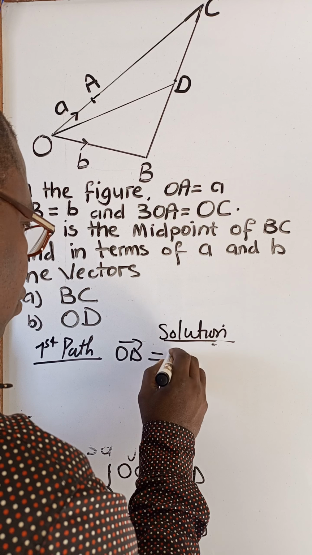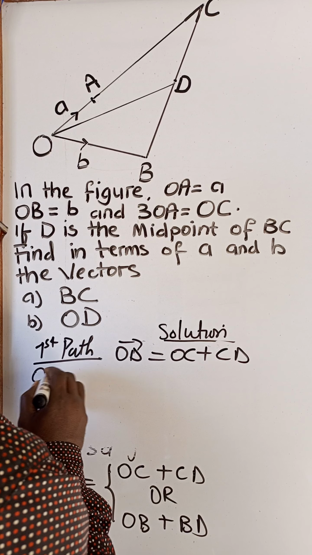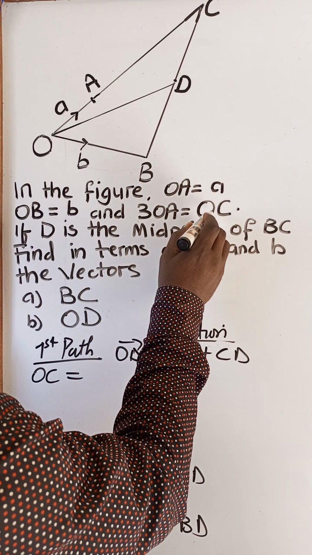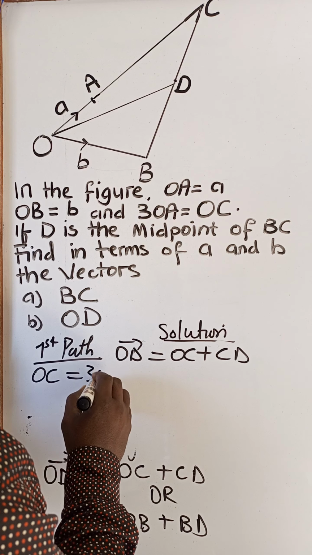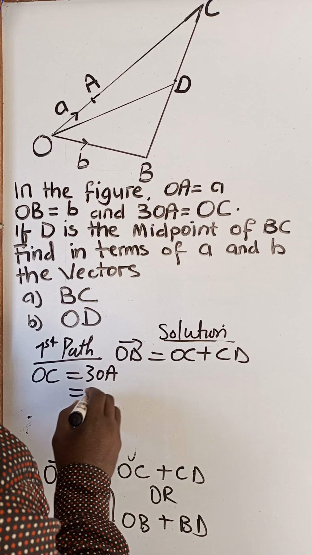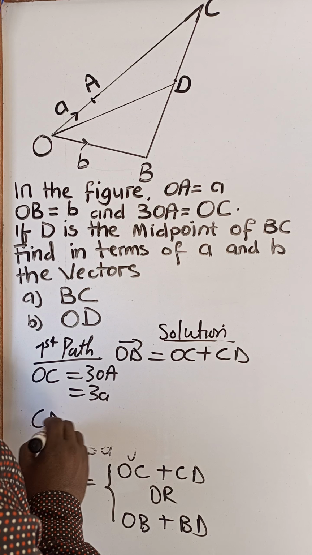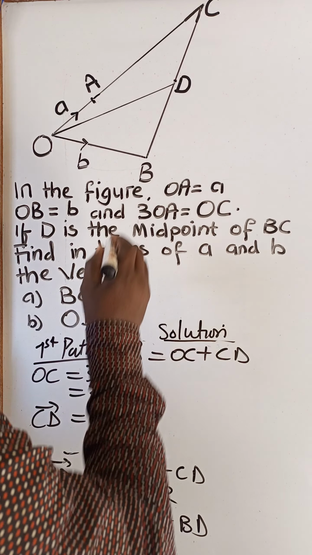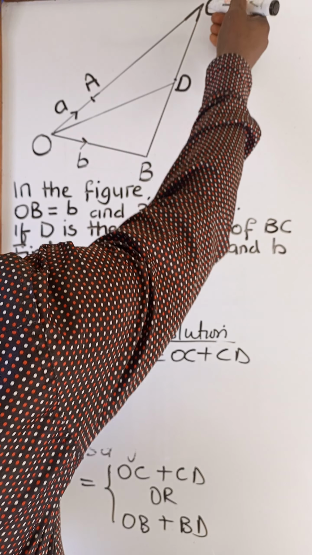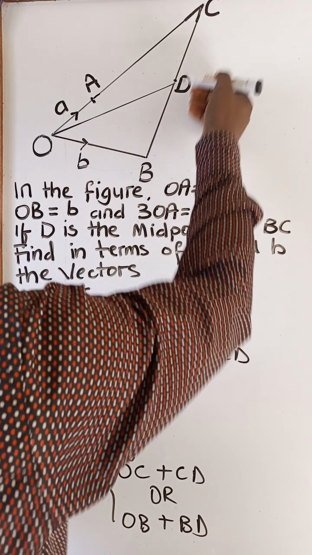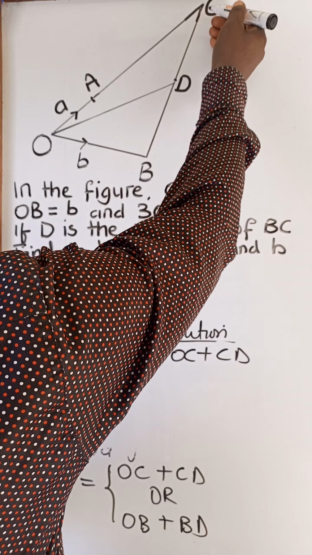OD is OC plus CD. What is OC? OC, again given in the question, is 3OA, which is 3a. Now CD: look at it, we are moving downward, in this direction. CD is going to be half of CB.